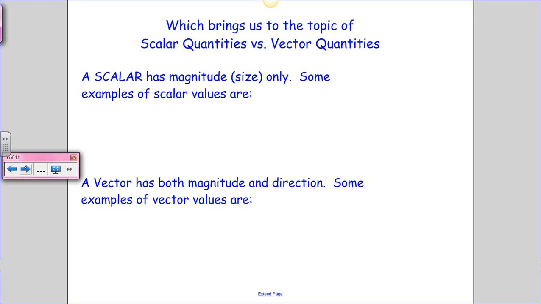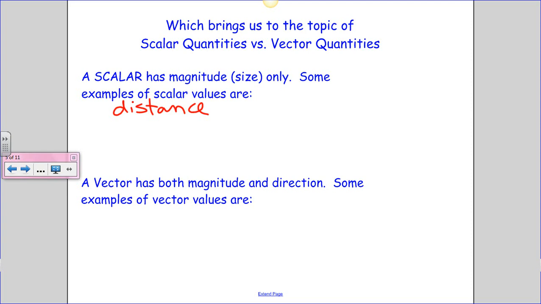So this brings us to the topic of scalar quantities versus vector quantities. Well, what the heck does that mean? So a scalar quantity has magnitude or size only. It doesn't matter what direction it's moving in, it only matters how big it is. So examples of scalar measurements are distance, right?